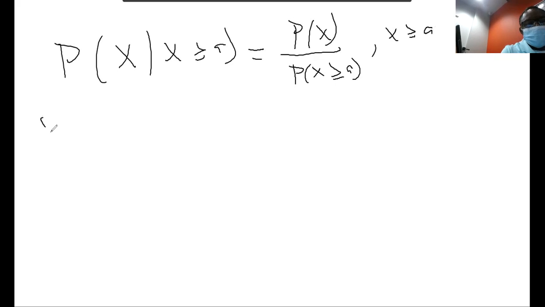So we are defining a new random variable Y, which is X, with X greater than or equal to a.